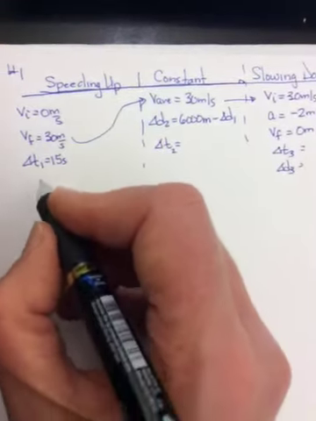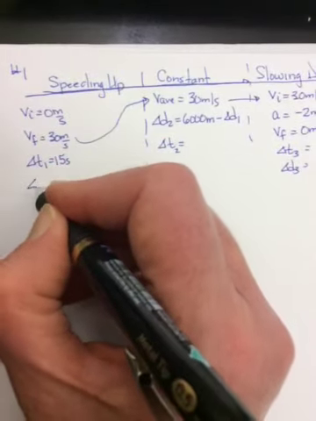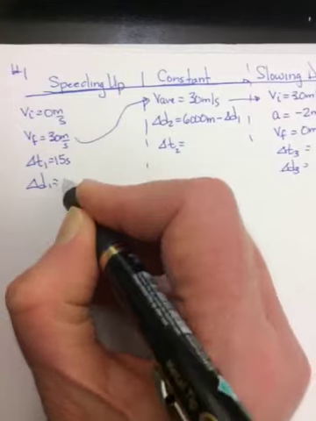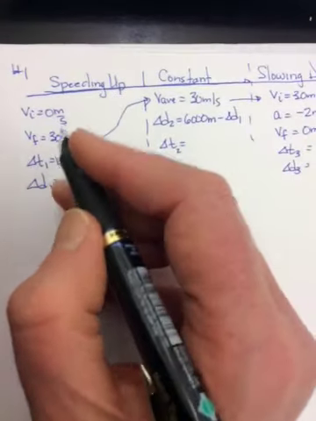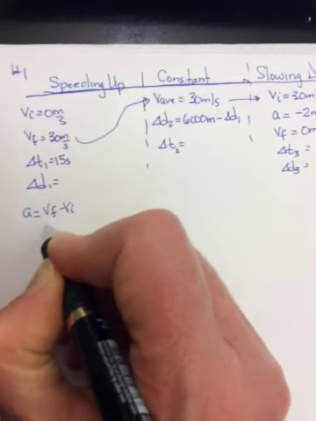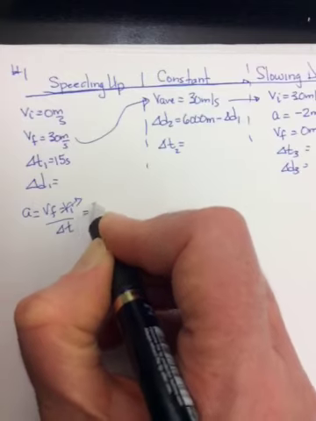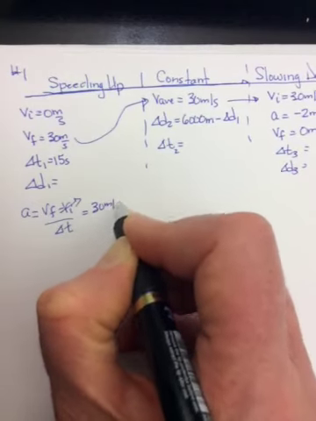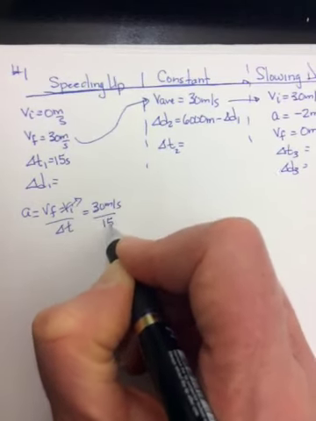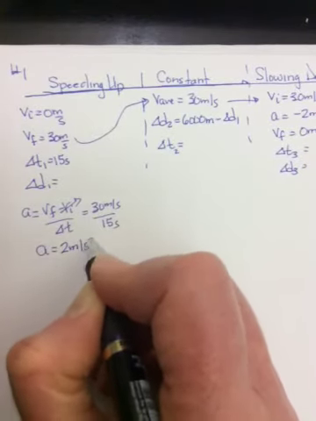Okay? Over here, the first thing we probably need to find before we can get our delta D is our acceleration. So we know that A is equal to VF minus VI over delta T. VI is 0, so this will be 30 meters per second over 15 seconds. So A is equal to 2 meters per second squared.